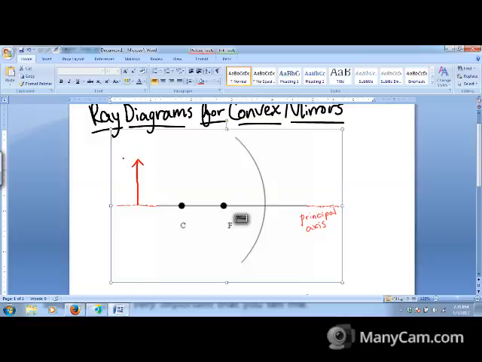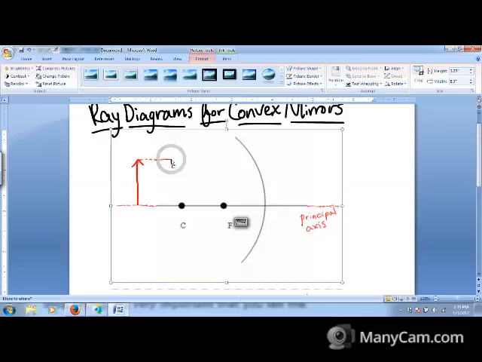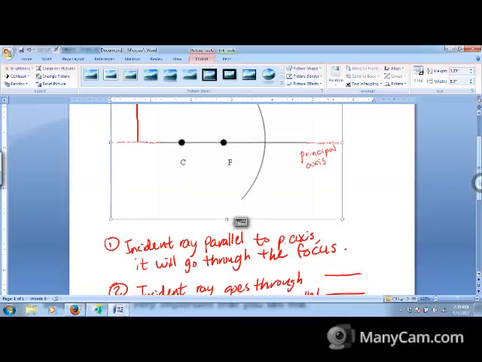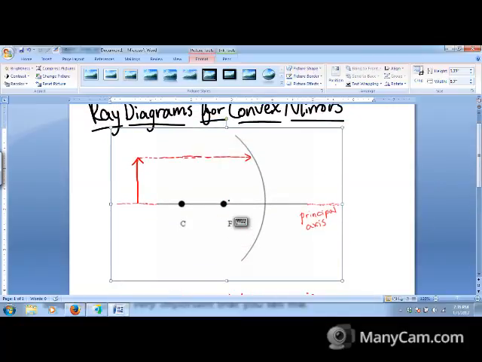The first incident ray is just going to be parallel to the principal axis. So we're going to trace it completely horizontal, going right here. Well, according to rule number 1, if it's parallel to the principal axis, then the reflected ray is going to go through the focus. Please be patient with me as I draw this.